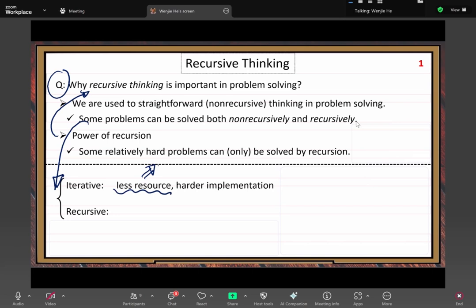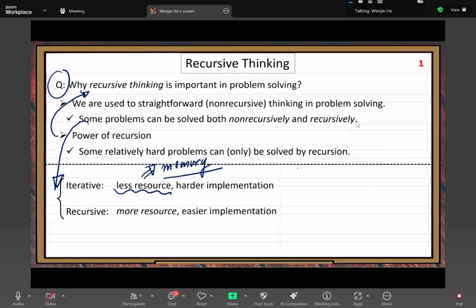To implement your algorithms, you need to use memory resource, RAM, storage locations. But the disadvantage is harder implementation.